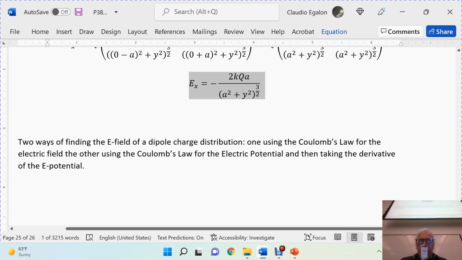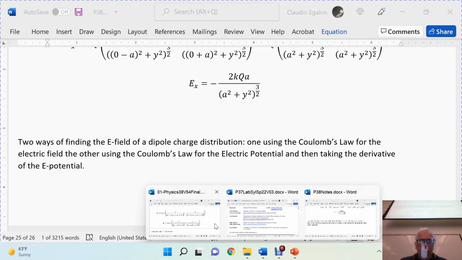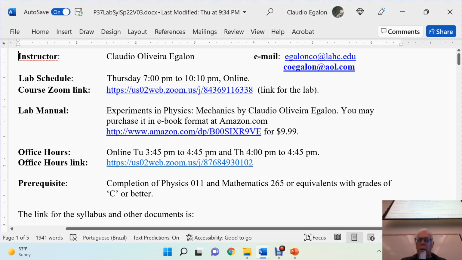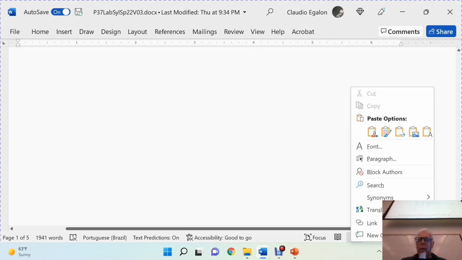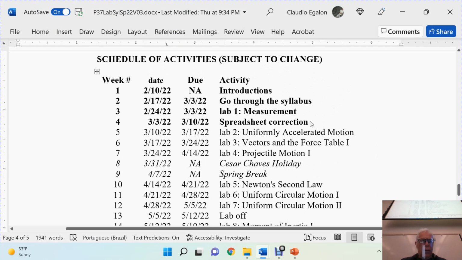Okay, so let's take a look here at our notes or schedule. So here goes spreadsheet correction. Today is the 8th. What's going on here? Something went wrong here.